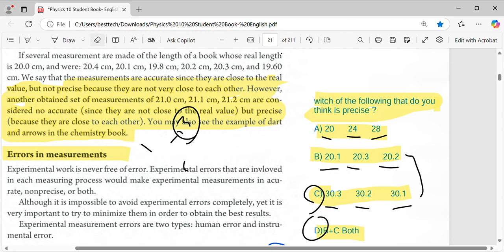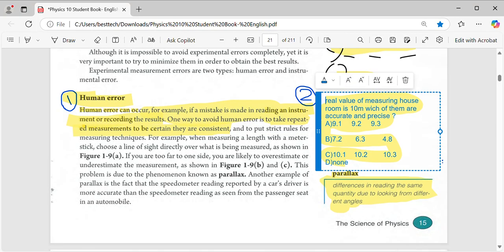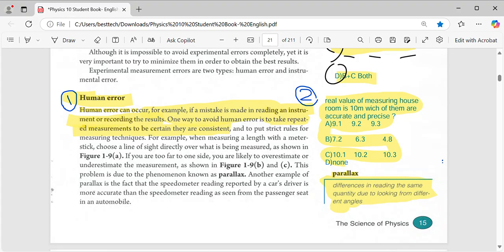Okay, guys, so this is the general idea of accuracy and precision. We have another topic called human error. Any human, me as a teacher or you as a student, who wants to measure something, like the length of an object, or the length of your room, the distance, may make a little mistake during measuring.